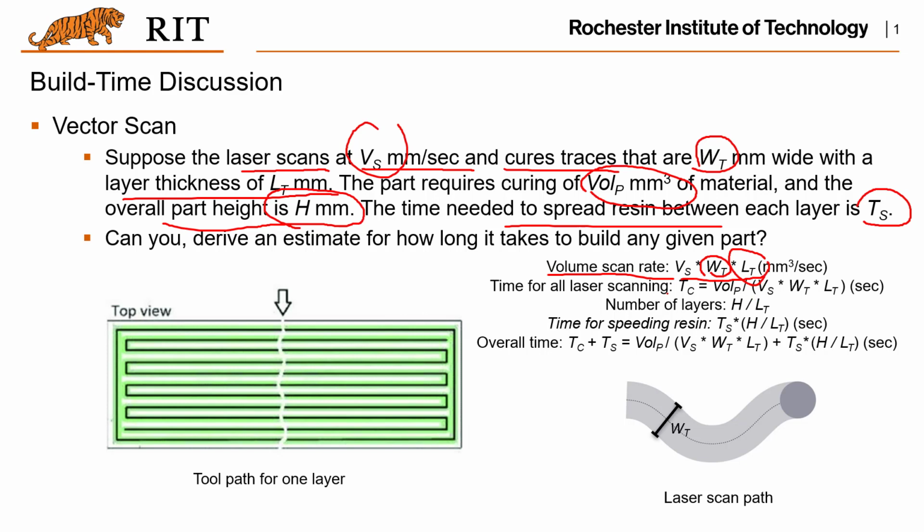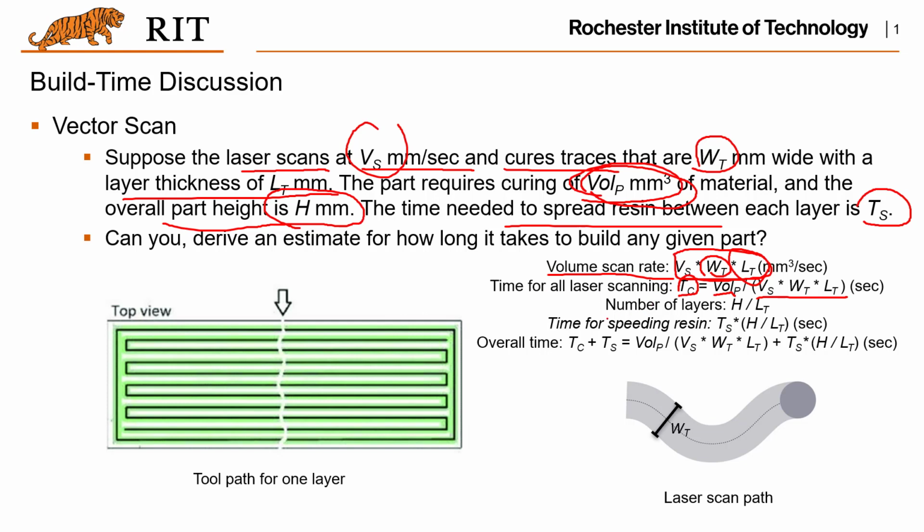With this known, we could divide the overall volume of the material by the rate, such that it gives you the laser scan time. That's the time for the laser scanning.